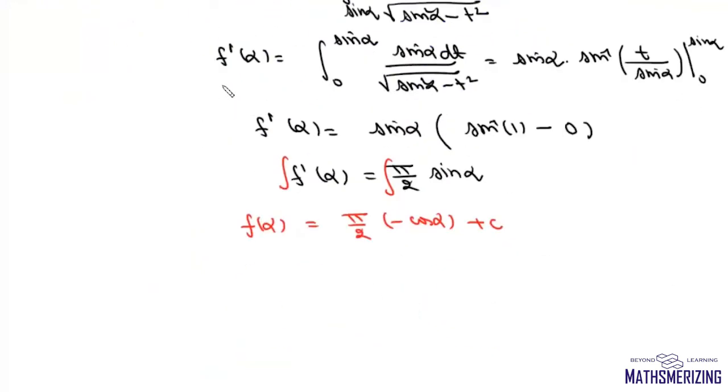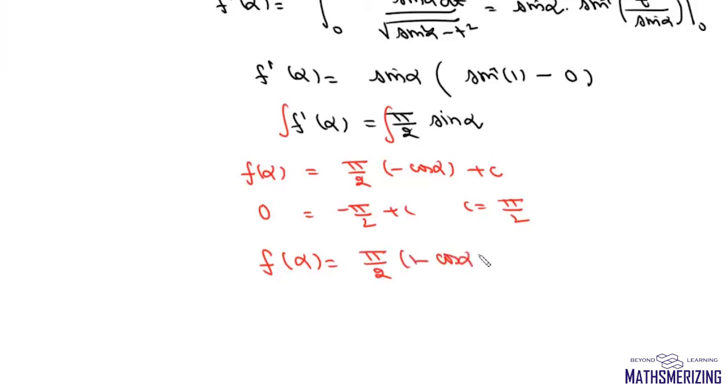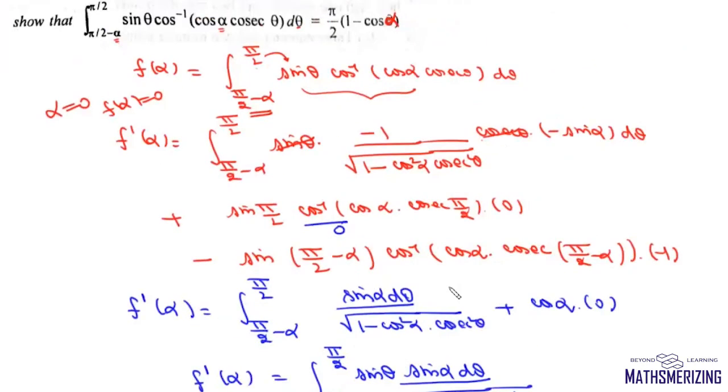So we'll put the value of α as 0, then f(α) is 0, and it'll be −π/2, and cos 0 is 1, plus c. So the value of c is simply π/2. That means the value of this integral, which is f(α), will be π/2 into (1 − cos α), and this is what we need to prove. π/2 into (1 − cos α).